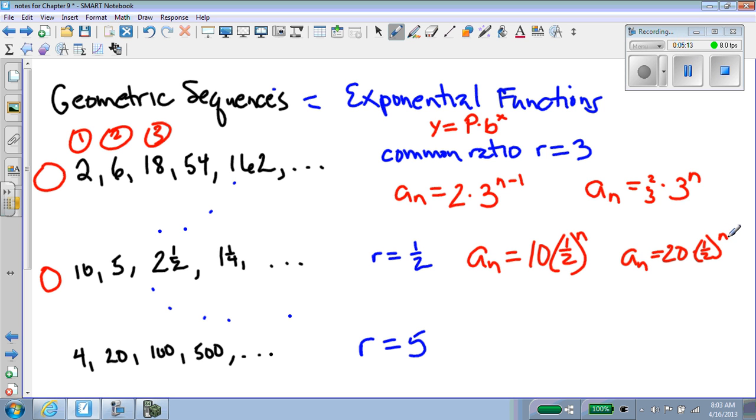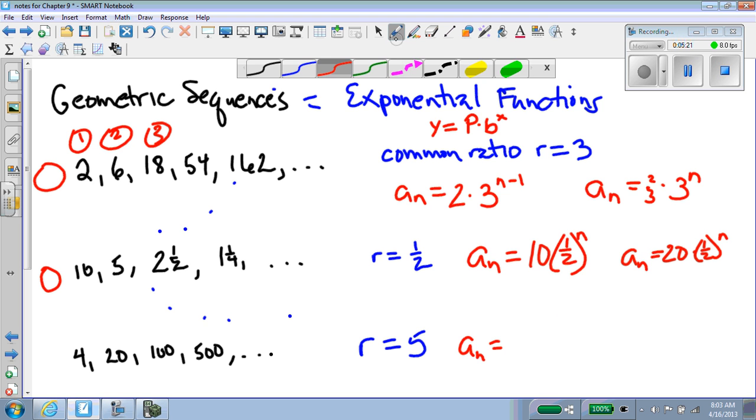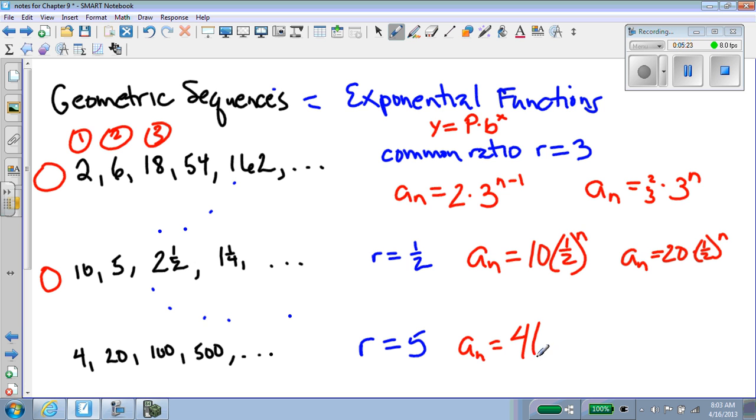Both of those are equivalent. In this case, a sub n is equal to 4 times 5 to the n minus 1, or a sub n is equal to, I'm multiplying by 5, so I divide by 5, 4/5 times 5 to the n. Oh, this was n minus 1. Oops, sorry about that. N.